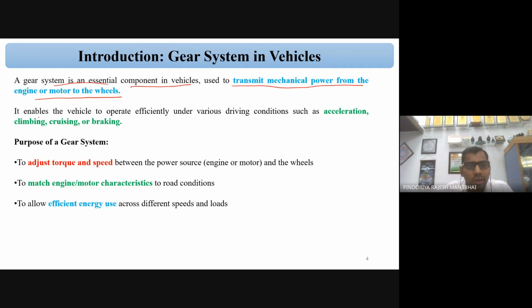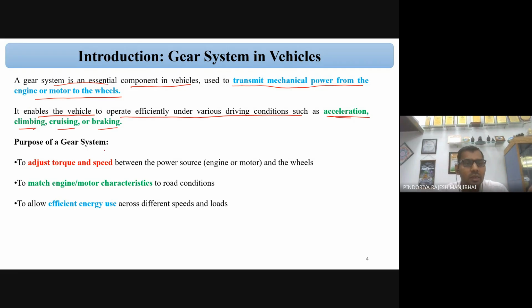It enables the vehicle to operate efficiently under various driving conditions such as acceleration, climbing, cruising condition, and braking. Acceleration means we have to accelerate, correct? Climbing, so we can climb on a hill.